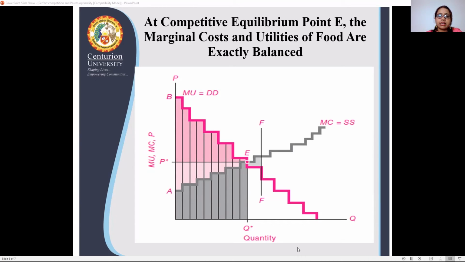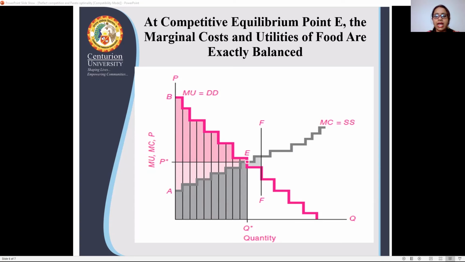If we sum horizontally the identical supply curves of our identical farms, since every person is growing food, we get the upward-stepping MC curve, the marginal cost curve. This marginal cost curve also becomes the industry's supply curve. So the figure shows MC equals SS, the marginal cost curve equals the supply curve of the industry.